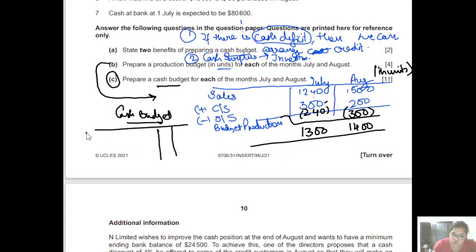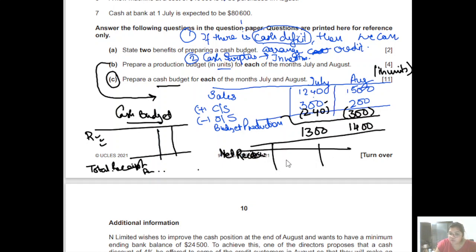First of all, you have to write down all your receipts, whatever receipts you have, whether cash sales or credit sales, everything you have to write down. Then you find out the total receipts, and then write down your payments. When you're able to find out your total payments, then find out the net receipt, how much you received.